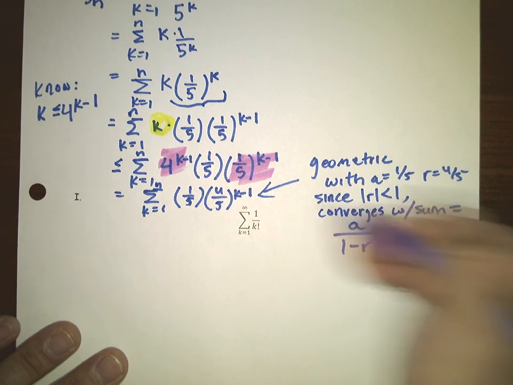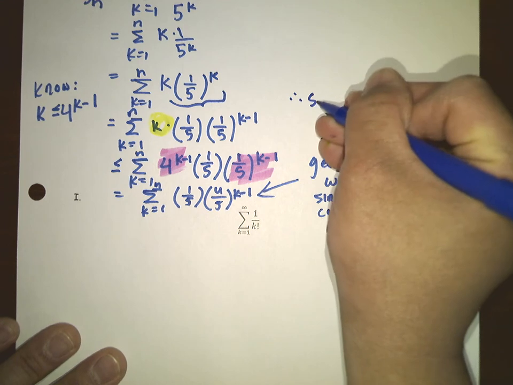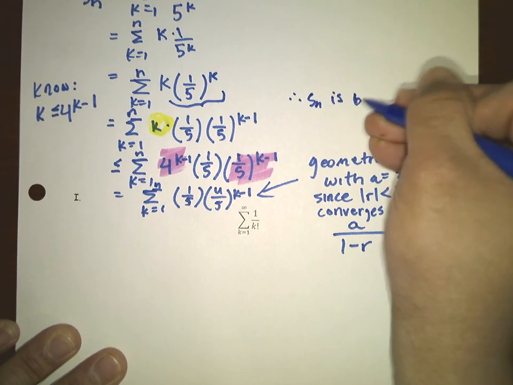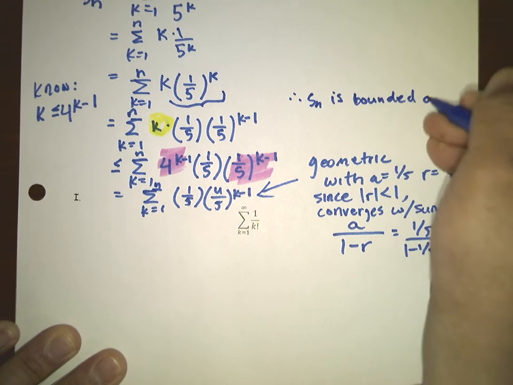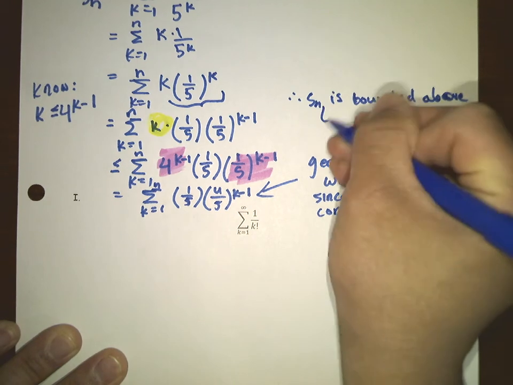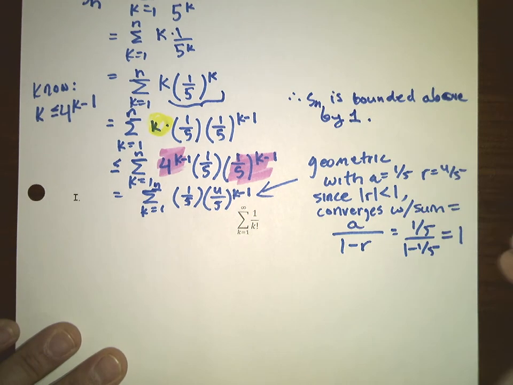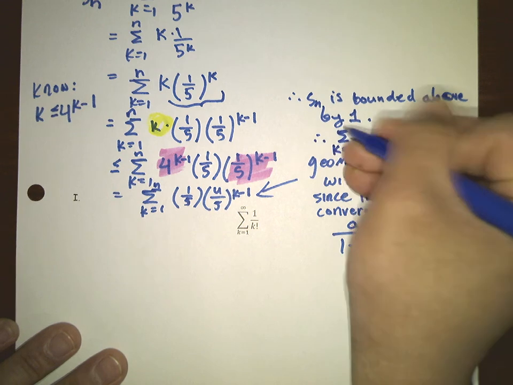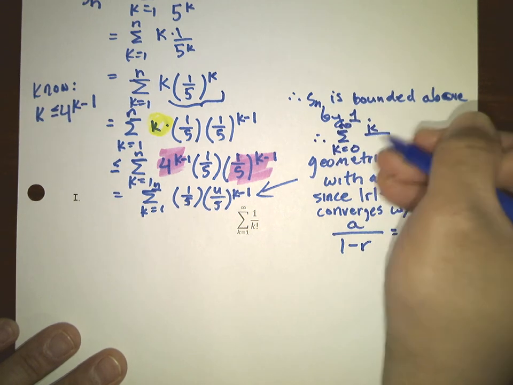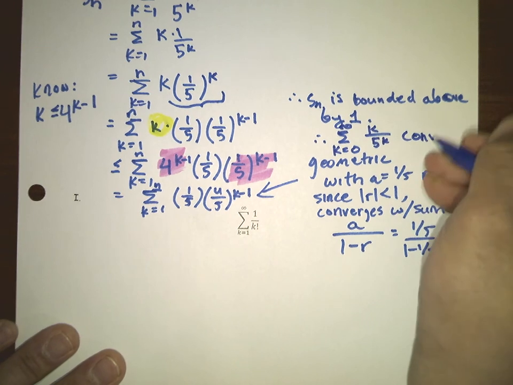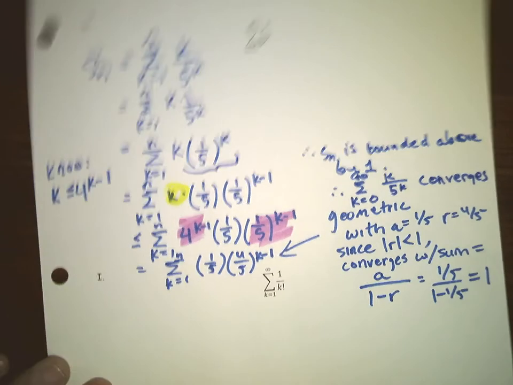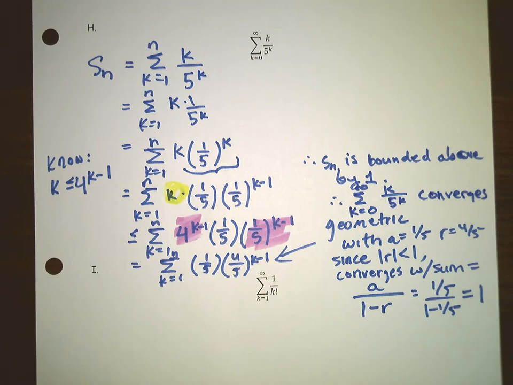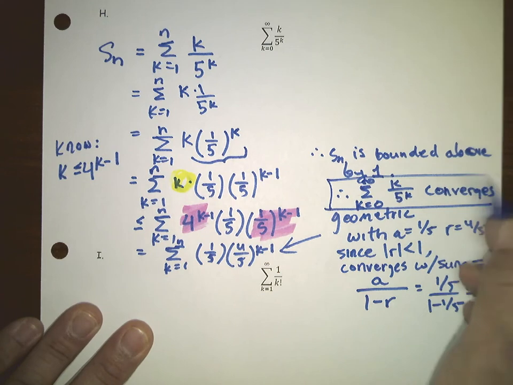So therefore S_n is bounded above by a finite number, 1, so therefore the original series, sum k equals 0 to infinity of k over 5^k, converges. And remember, all I asked was whether this converged or diverged, but not to which value. So there we go, that converges.